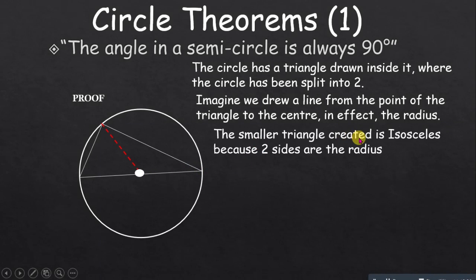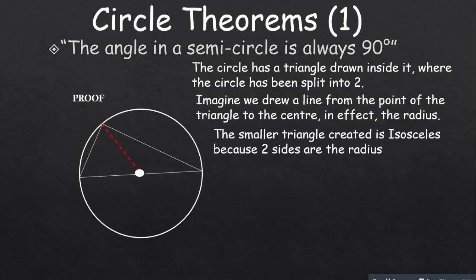So the smaller triangle created is an isosceles triangle because two sides are radii. This triangle formed here is an isosceles triangle, and this triangle here is also an isosceles triangle. An isosceles triangle has two sides equal and two angles equal. That is the property of an isosceles triangle. Like I said earlier, you can go and look at the video I created the other time and you will be conversant with it.